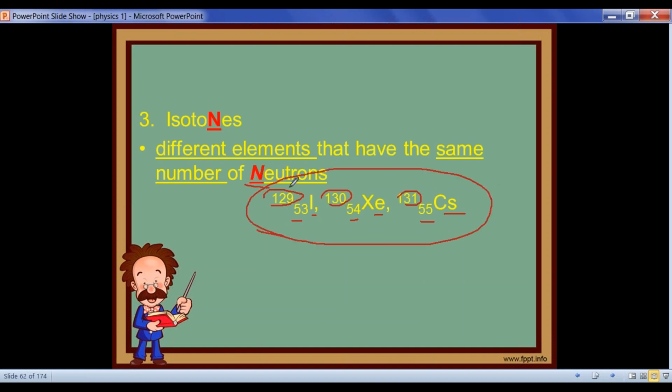But if you try to solve for the number of neutrons, which is A minus Z, so 129 minus 53. Erase po natin.